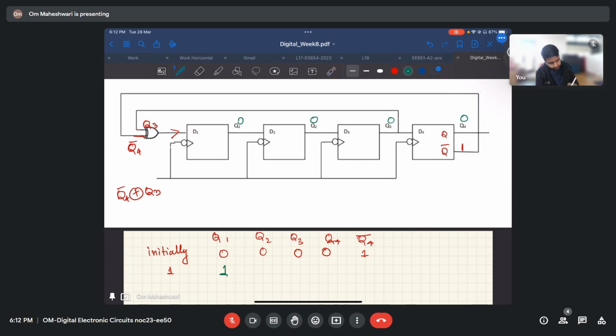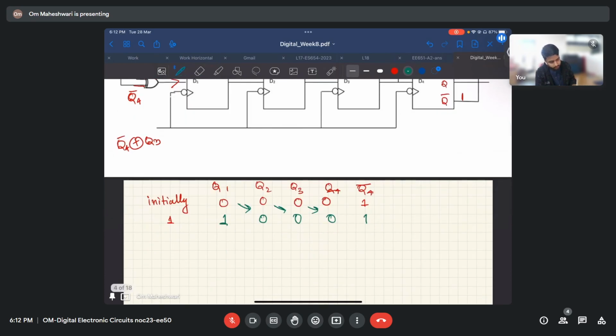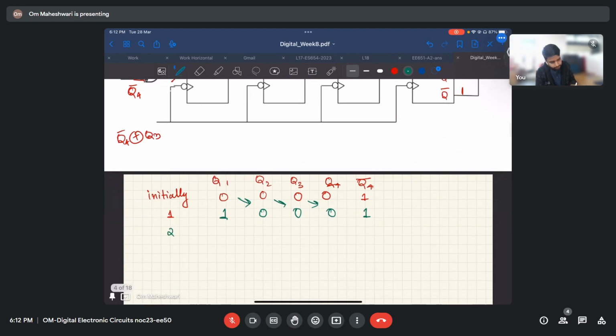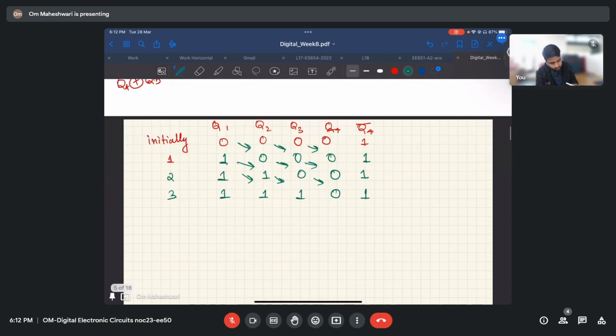I'll have a 1 here, and the rest will just shift, 0, 0, 0. In the second cycle, again this 1 XOR 0 is 1, and it will shift, 1, 1, 0, 0. Q4 bar is again 1, so we'll have 1 here in the next cycle, and these will travel, 1, 1, 1, 0. Again it is 1.